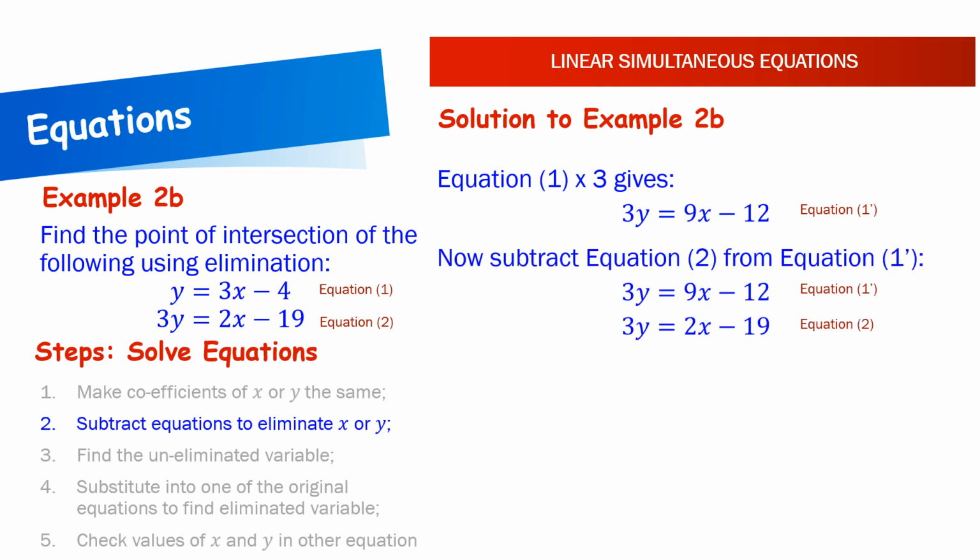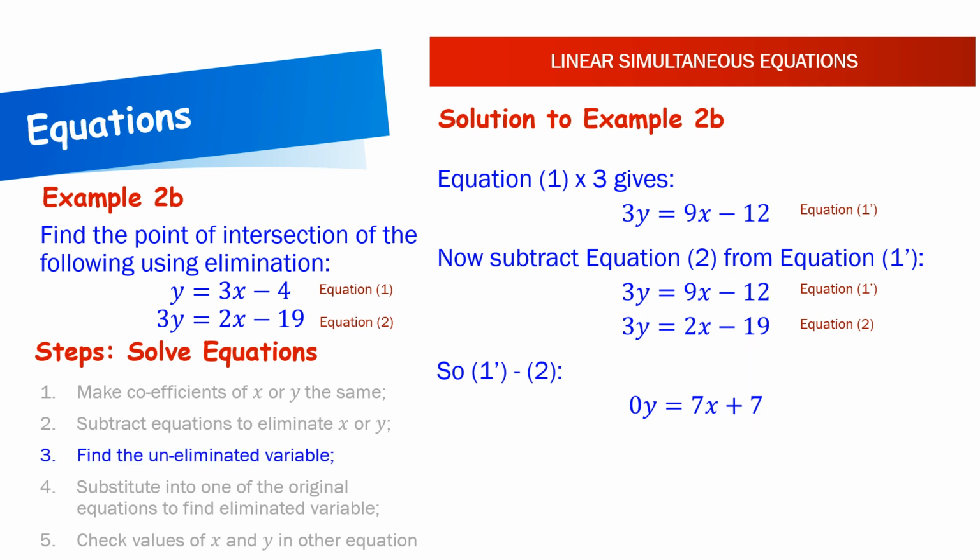Now subtract equation 2 from equation 1'. 3y minus 3y equals 0y, 9x minus 2x equals 7x, and minus 12 minus minus 19 is plus 7.